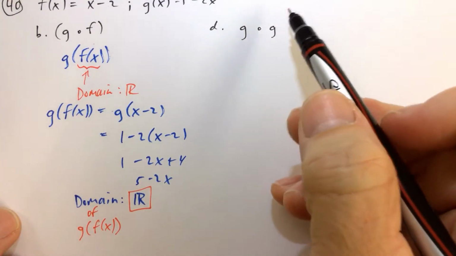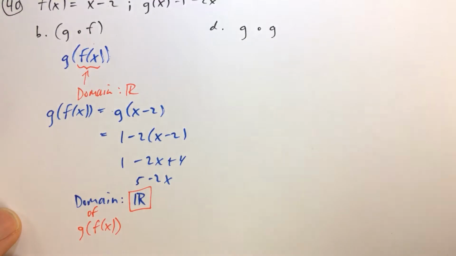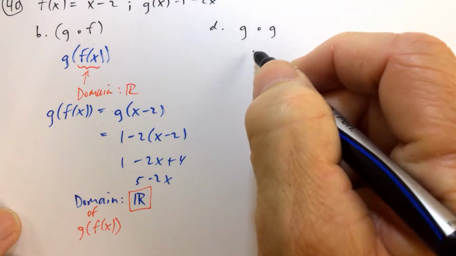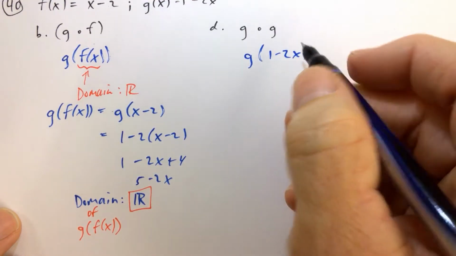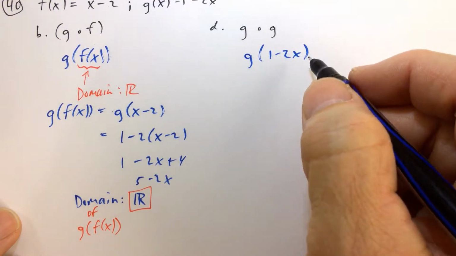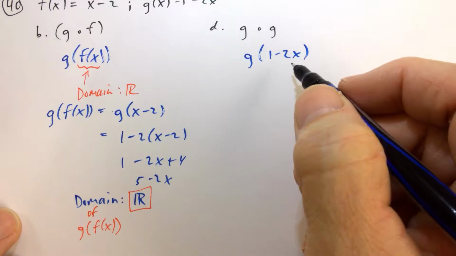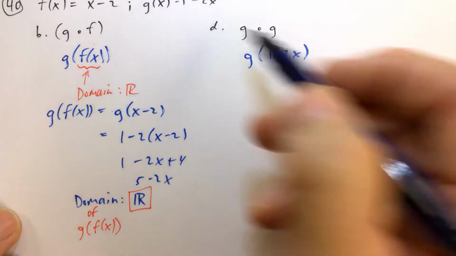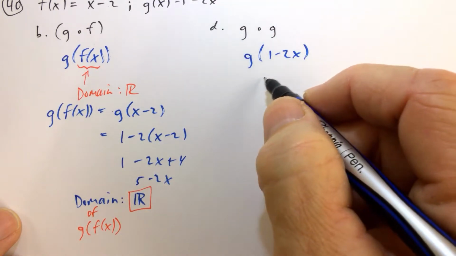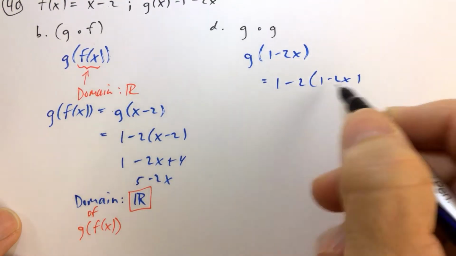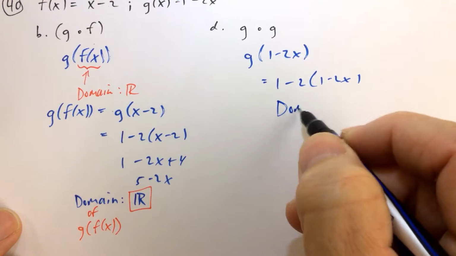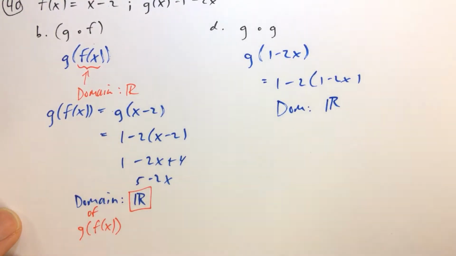Well, anytime the inner function is a polynomial and the outer function is also a polynomial, you're going to get a domain of all real numbers. So basically g of x, we have no restrictions on g of x, and then when we replace x with 1 minus 2x, we get another polynomial function, so therefore the domain is all real numbers.